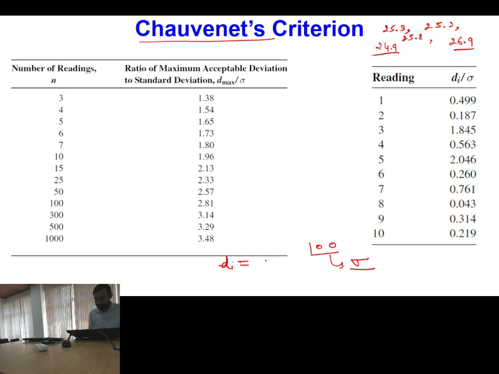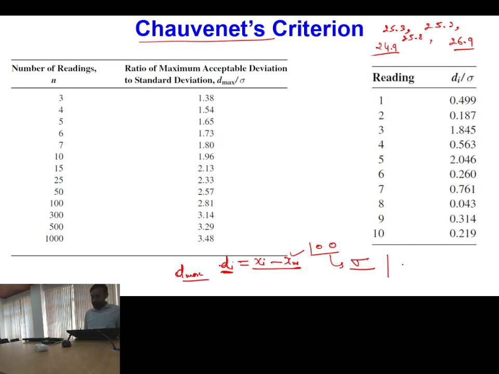Deviation is nothing but your individual measurement xi minus xm, where xm is the arithmetic mean. Likewise, if you have 100 data points, you will have a unique arithmetic mean, and for all the 100 data points you can calculate the value of deviation di. Out of all these 100 values of di, you have to find the maximum, d maximum.